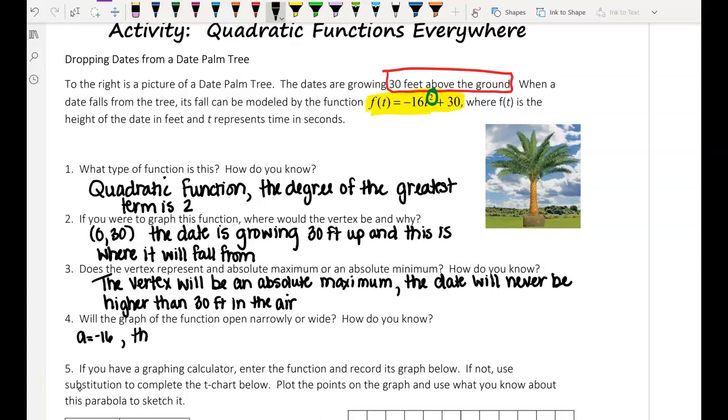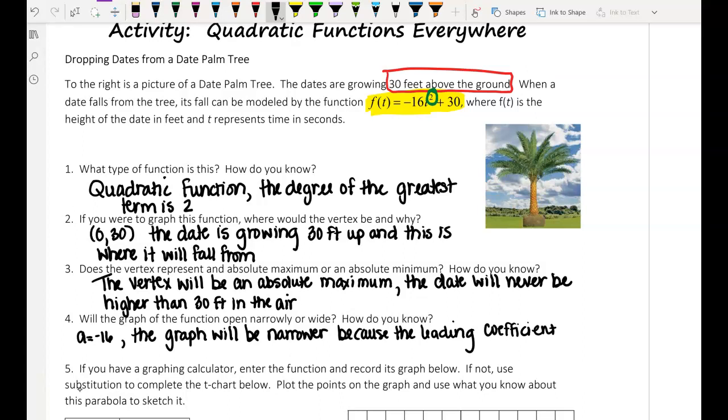So the graph will be narrower because the leading coefficient is greater than 1.